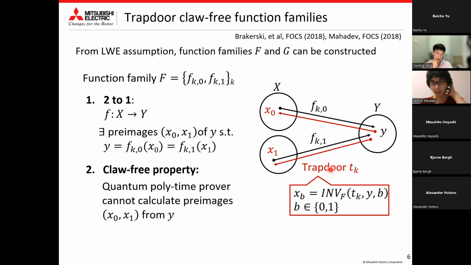The trapdoor is a piece of secret information possessed only by the classical verifier. So the classical verifier can invert the output Y using the trapdoor, and only the classical verifier can obtain the preimage X.